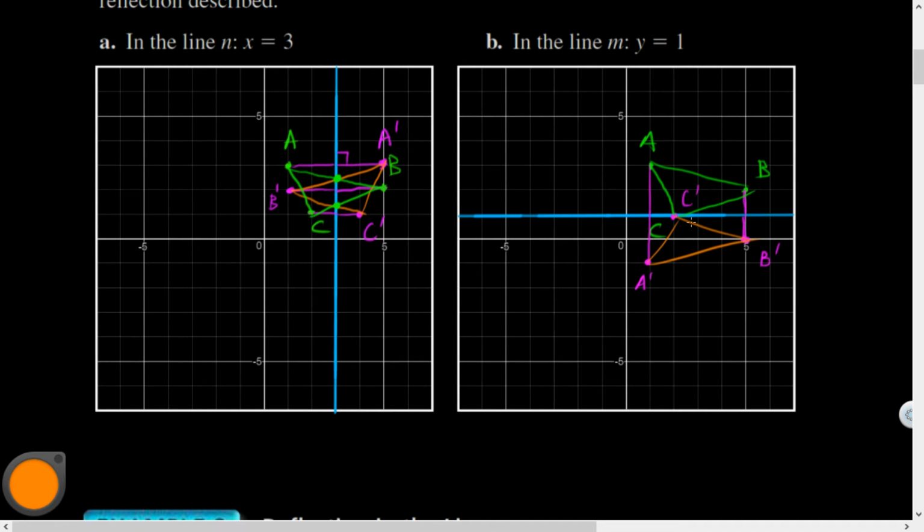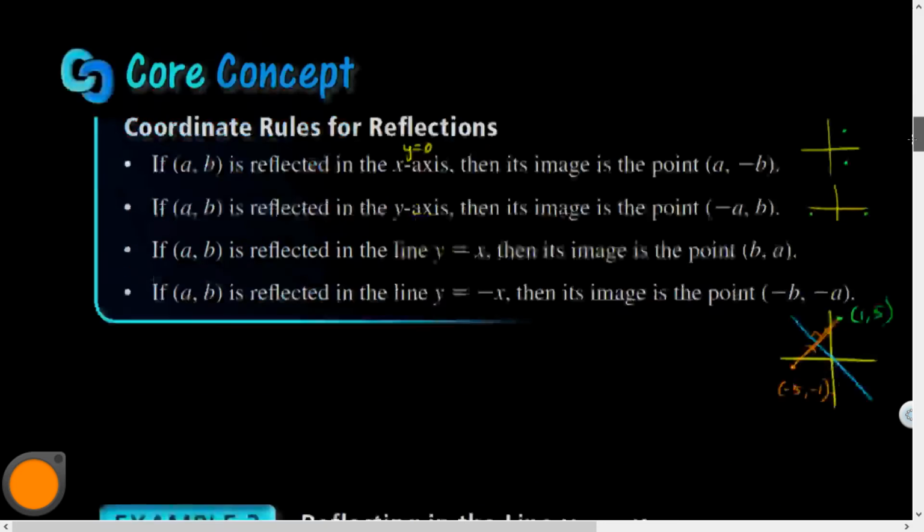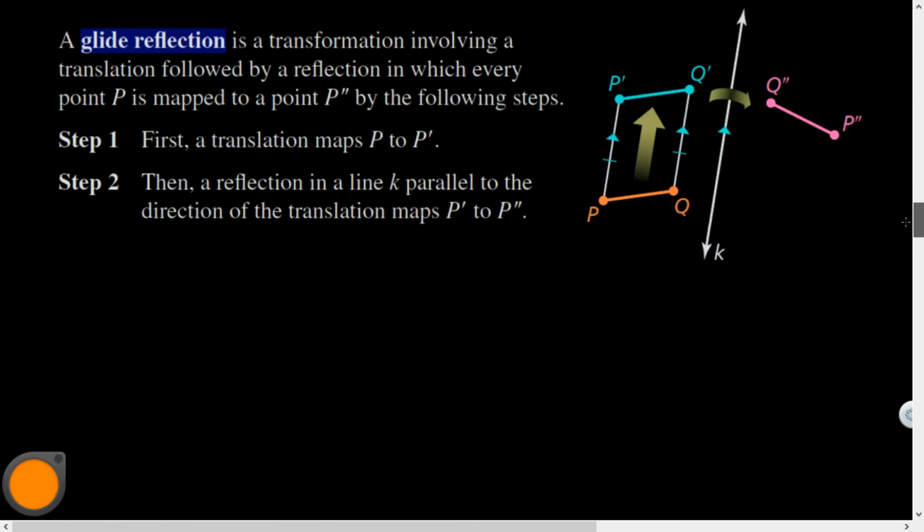Yeah, that these are going to be congruent to each other, that all of their corresponding sides are congruent, all their corresponding angles are congruent. That's what that means. And if I combine two rigid transformations, you can get a composition, and one such composition is called a glide reflection. Look at this one.